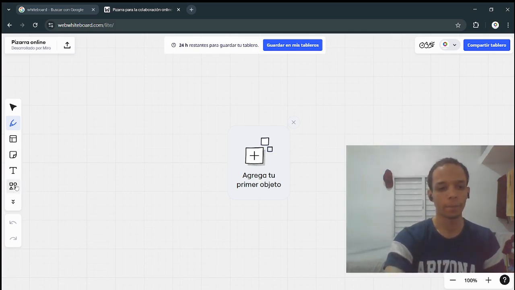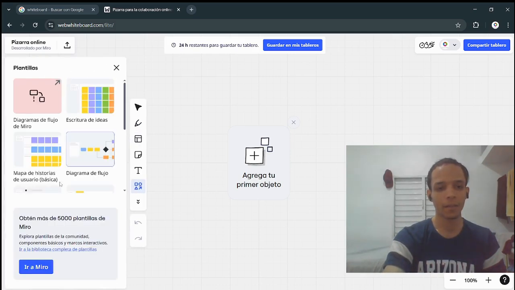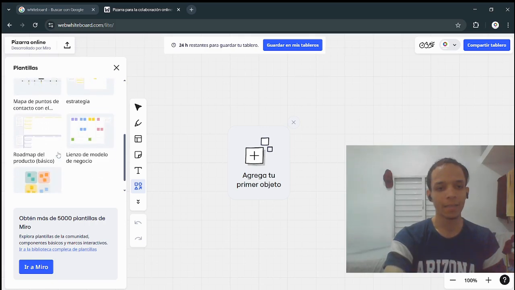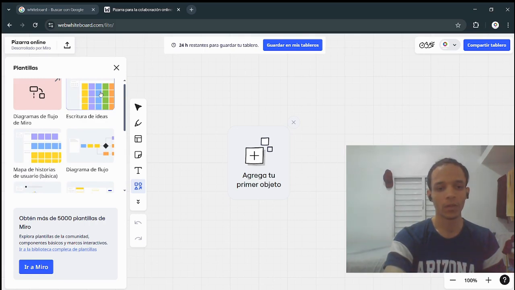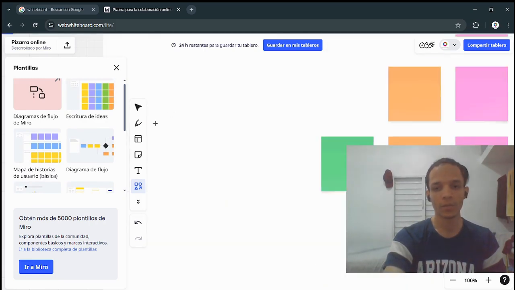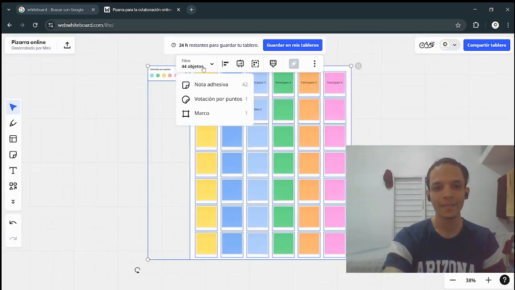Okay, look, let's look here at one template, and this template is going to be just like a table and a structure of ideas. In here I don't want 44 objects.